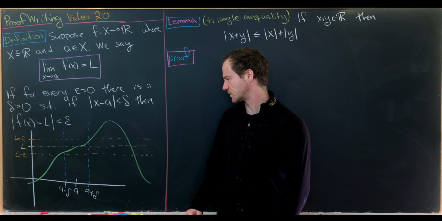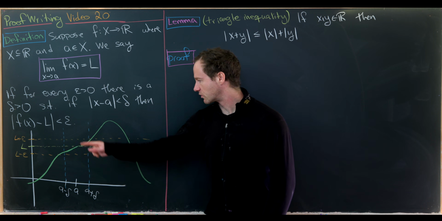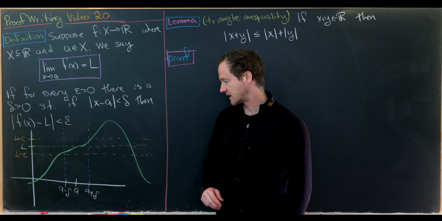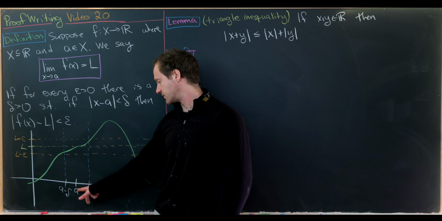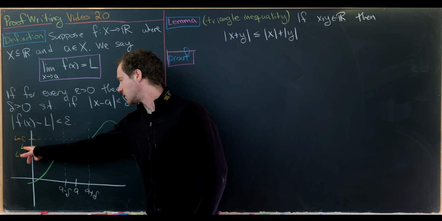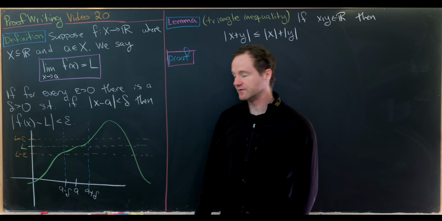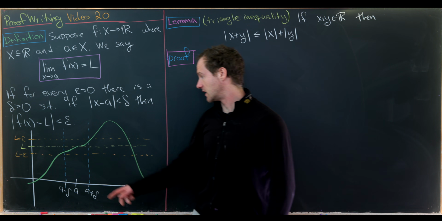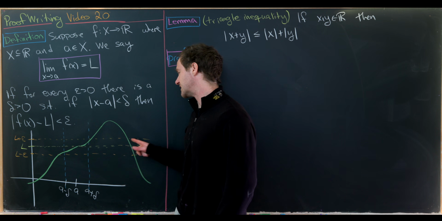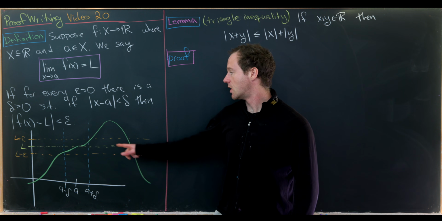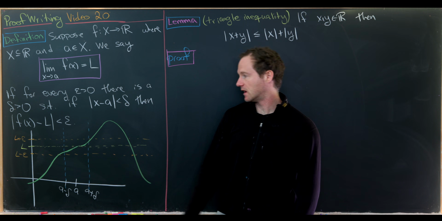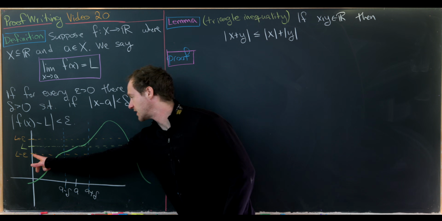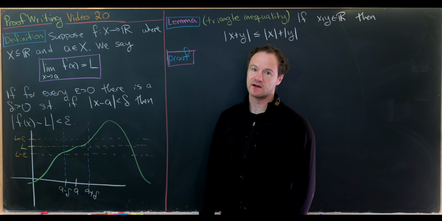So here's a picture of what's going on. Let's say this green is the graph of a function, so it's like the graph y equals f of x. And then we have our point down here, a, and then our L here, which will be our eventual limit. So the given epsilon tells you to essentially make this epsilon band around this horizontal line L. So notice up here we have L plus epsilon, and down here we have L minus epsilon.